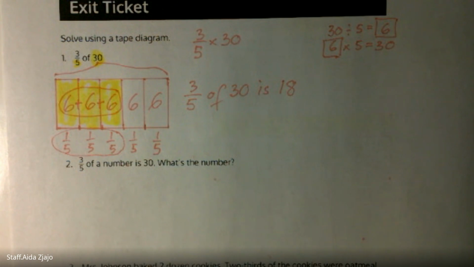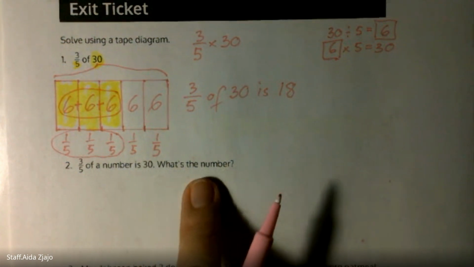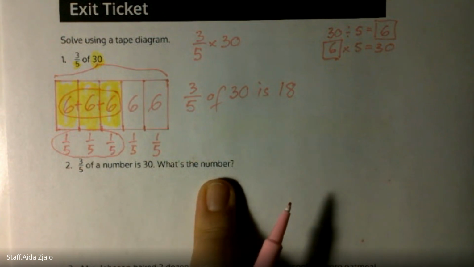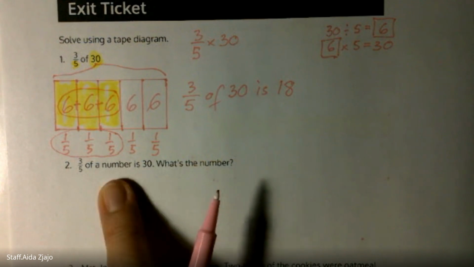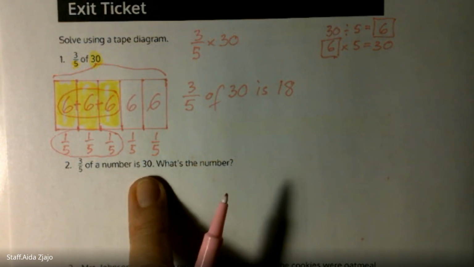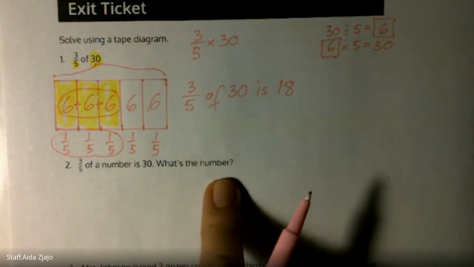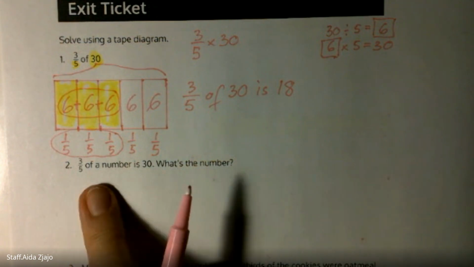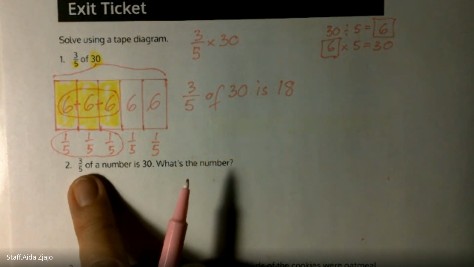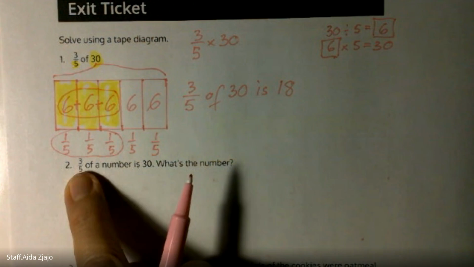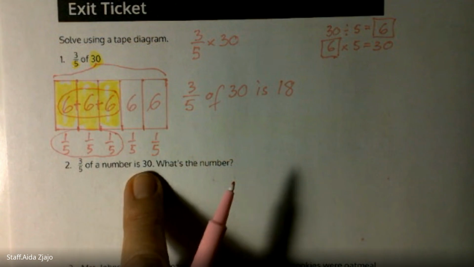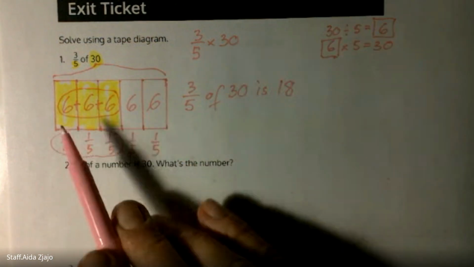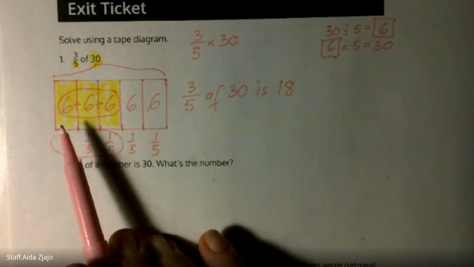Okay, 3/5 of 30. Now the next one says 3/5 of a number is 30. What is the number? Now this is different, because they already tell you how much is 3/5. So now these 3/5 are not 6, 6, 6, it's 30.